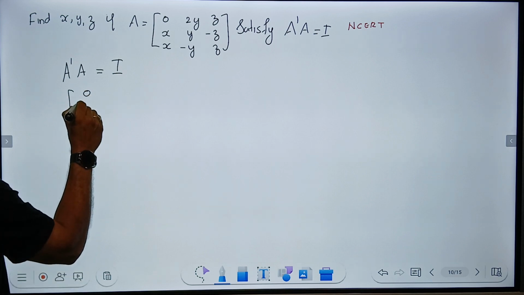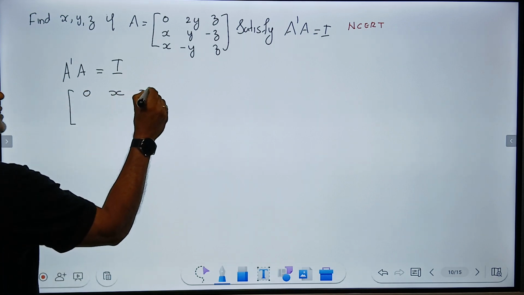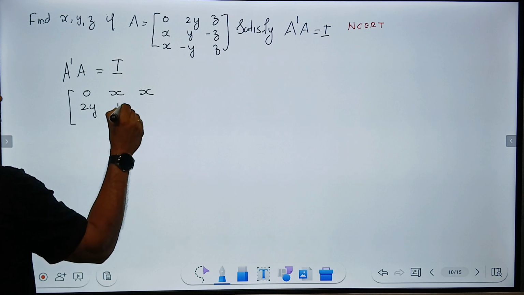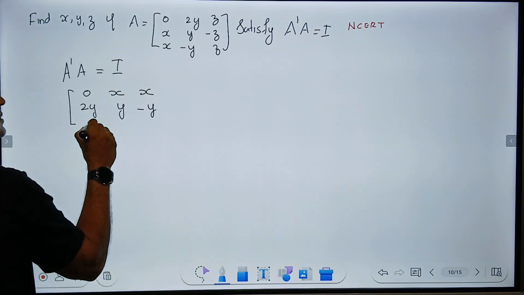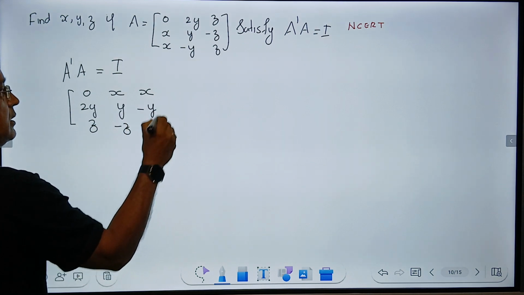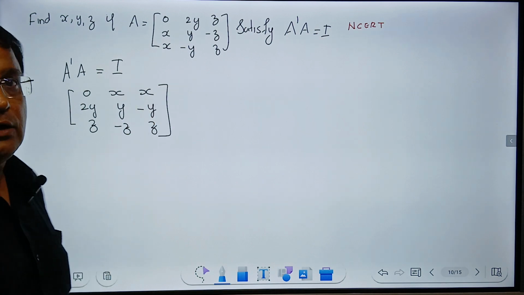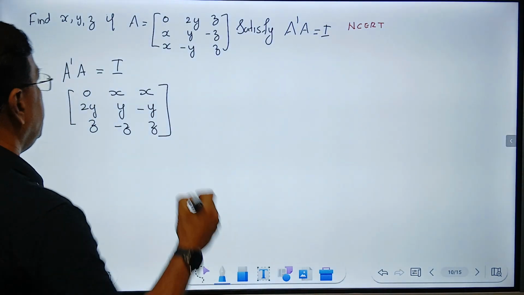This is 0, x, x, 2y, y, minus y, z, minus z, and z. See, I interchange the rows and columns. Now what is matrix A?